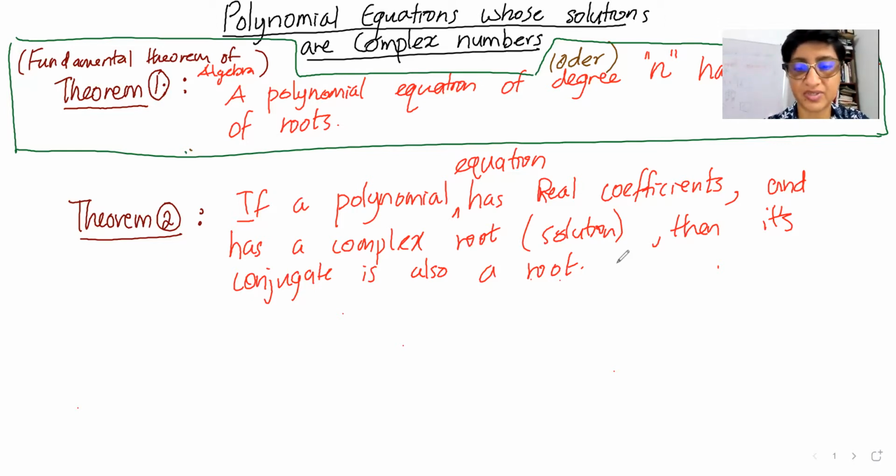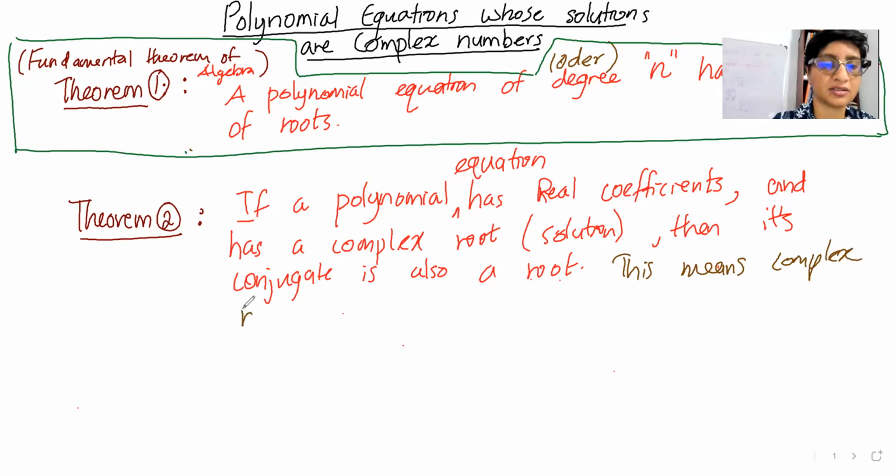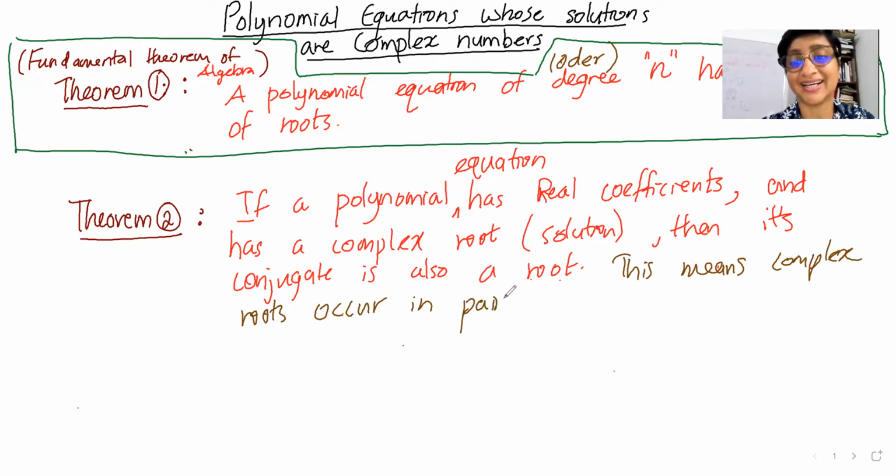Then its conjugate is also a root. That is, this means complex roots occur in pairs. I like this.